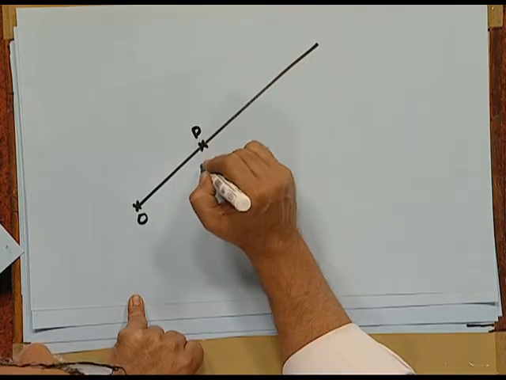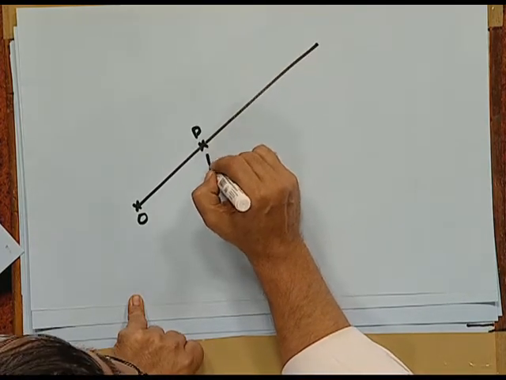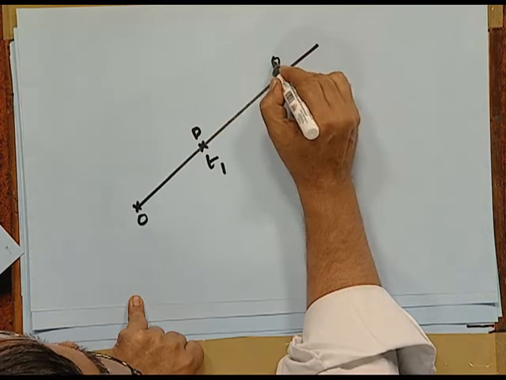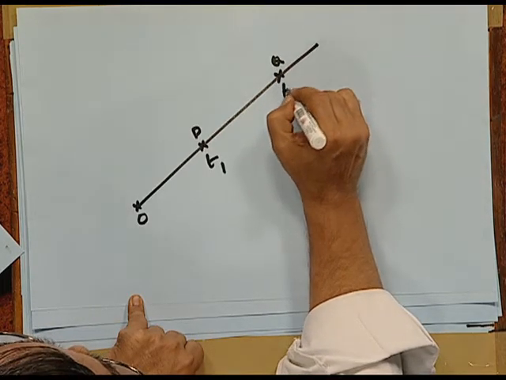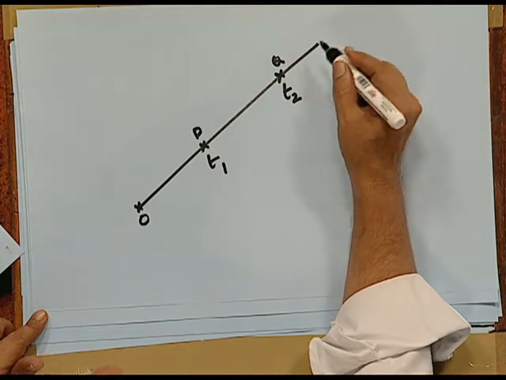Now, the object is at point P, at the location P at a given time t1. The object is at another position Q all along this line at time t2. Then, like this, the object goes on changing its position with respect to time.